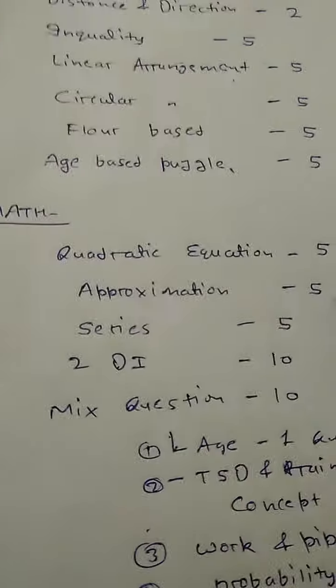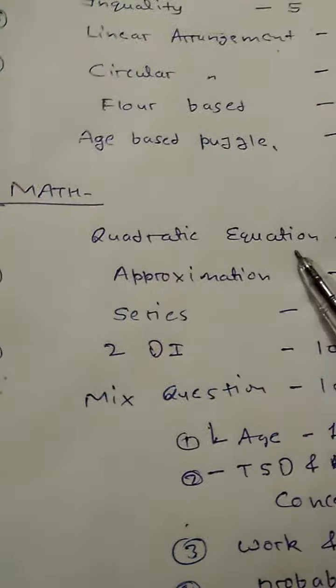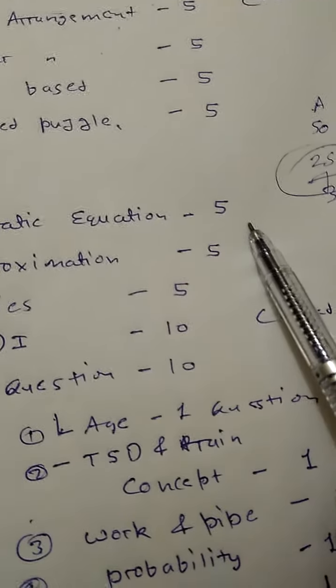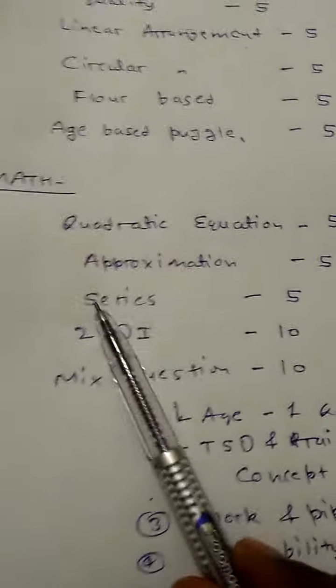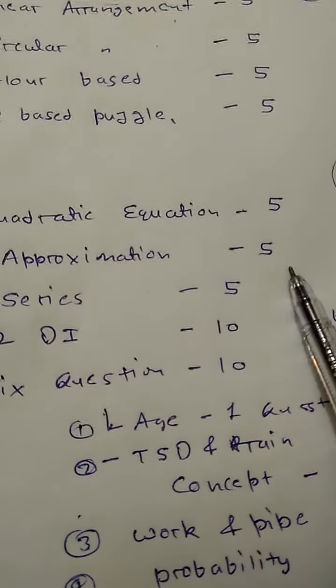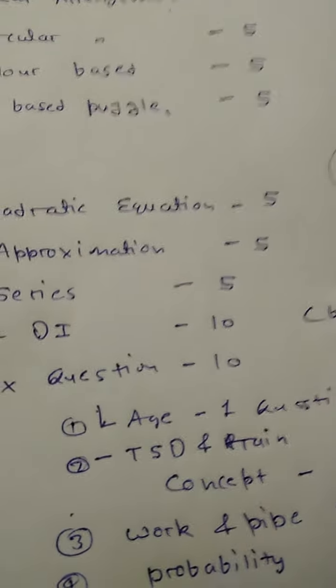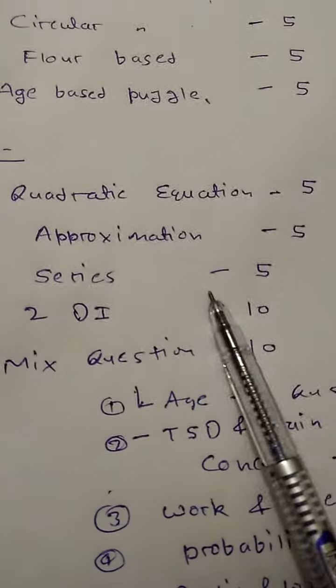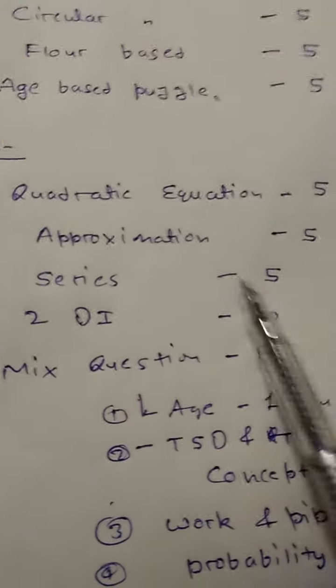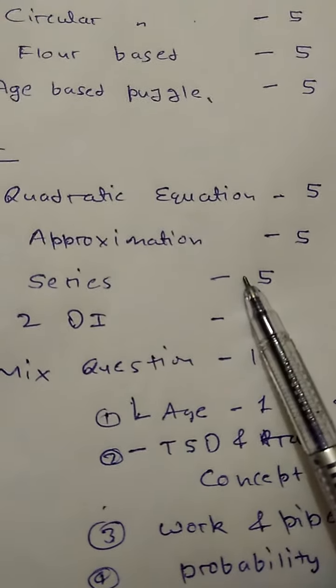Let's come to maths. The first concept is quadratic equation, which is very easy. You can solve 5 questions within 2 minutes. Second is approximation, 5 questions you can solve within 3 or 4 minutes. In series, you can solve 3 to 4 questions.